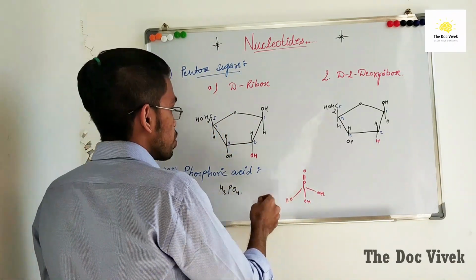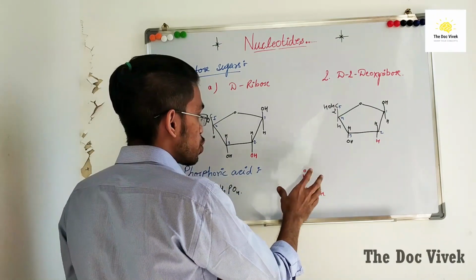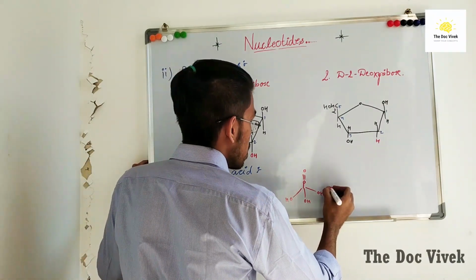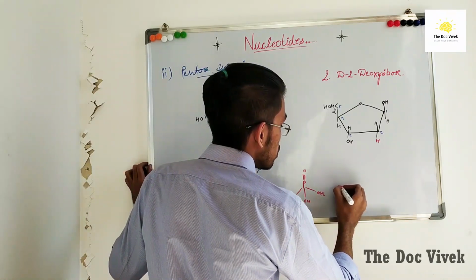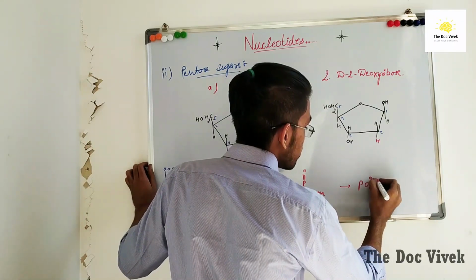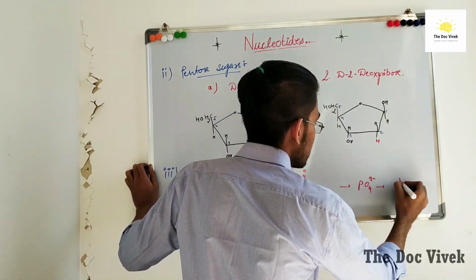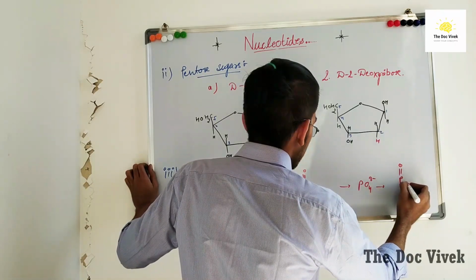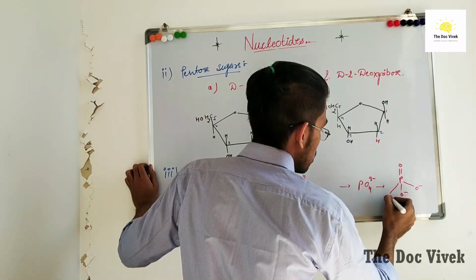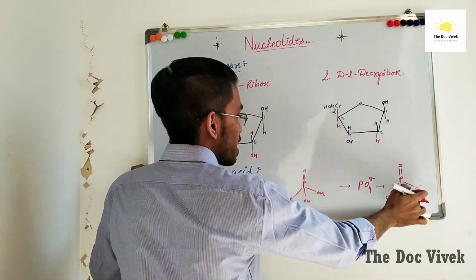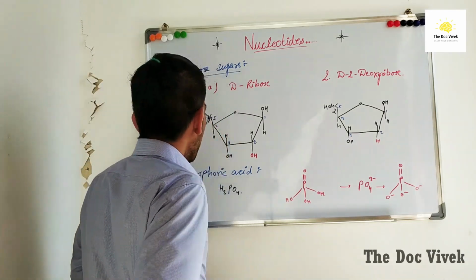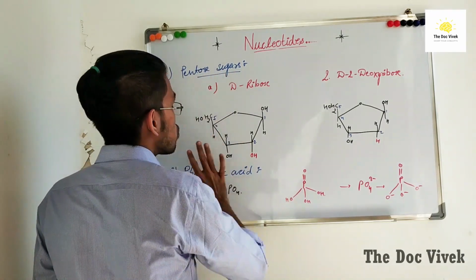This is phosphoric acid, and to form nucleosides, it is attached to the pentose sugar in the form of PO4 3 minus, which can be drawn like this. So this was all about phosphoric acid, pentose sugar, and nitrogenous base.